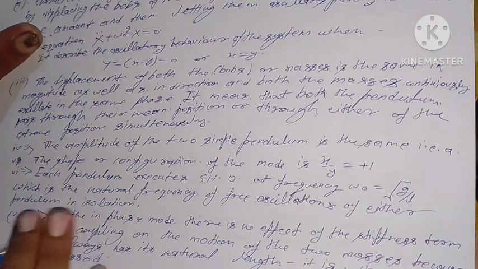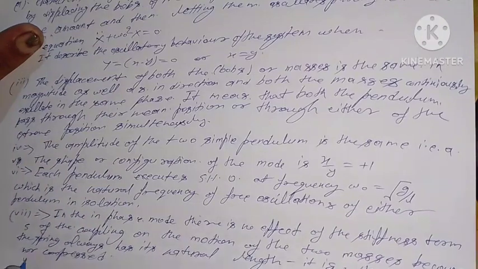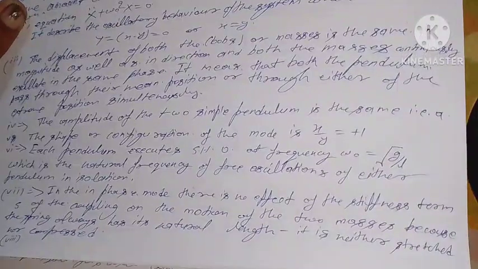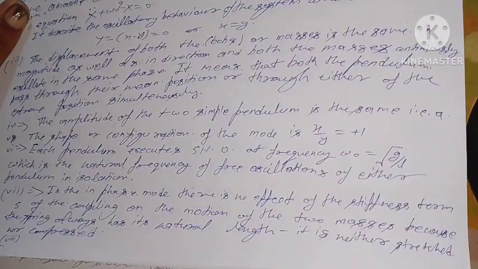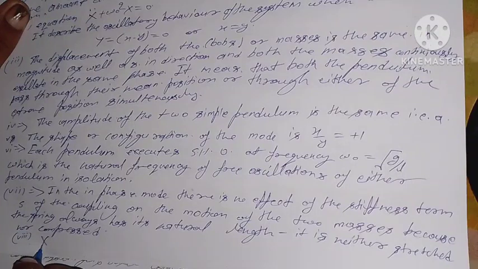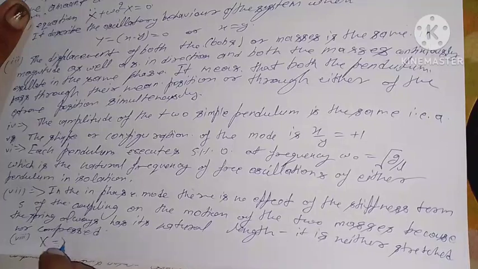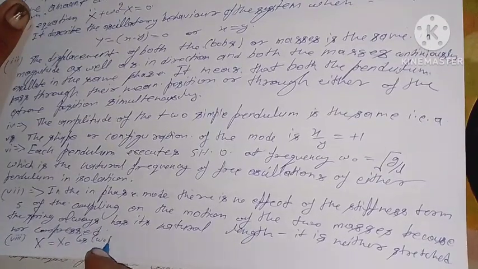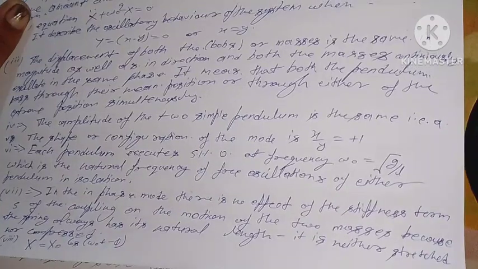Point 8. A solution of the first equation gives capital X equal to x naught cos(omega naught t minus phi).